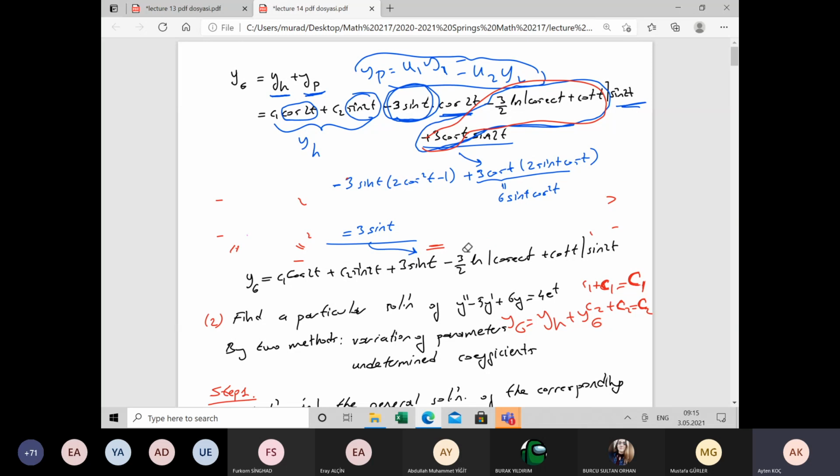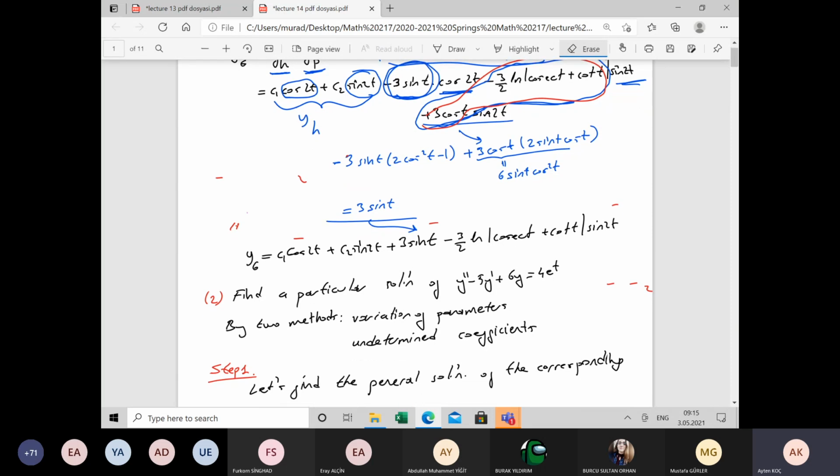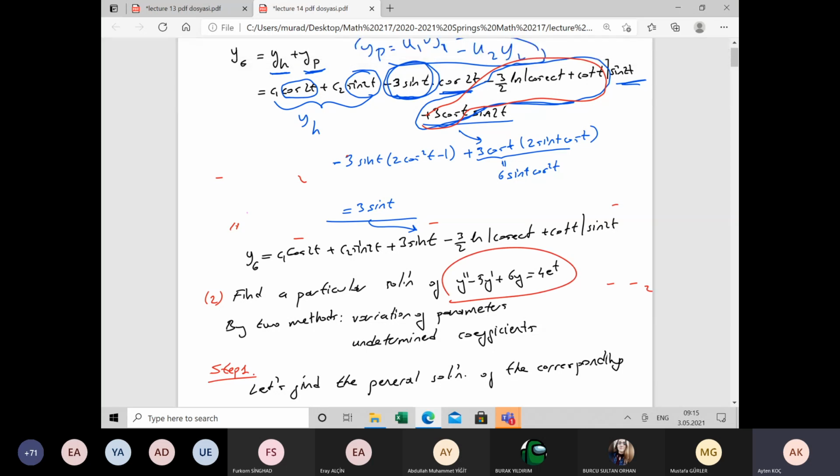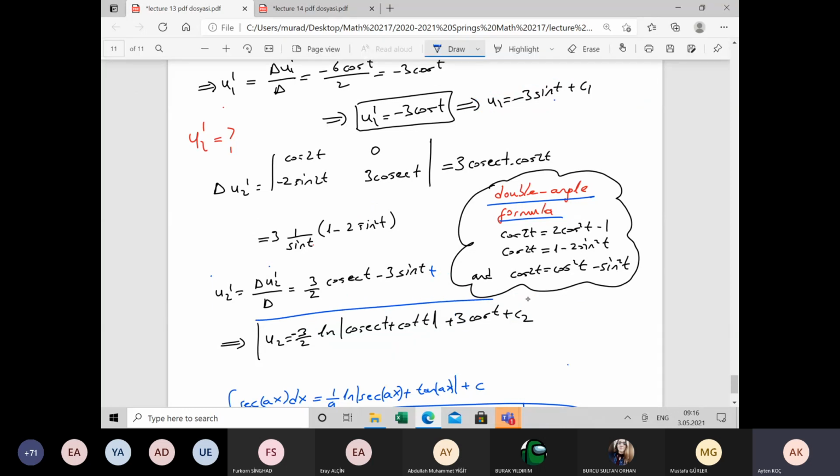Okay. So, let's have a break, and then we will solve the given second order differential equation. Any question about our solution of the first differential equation?